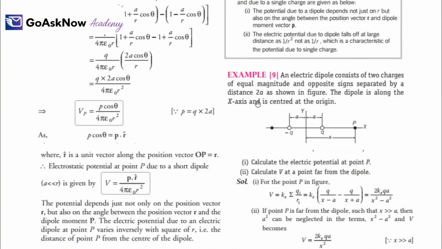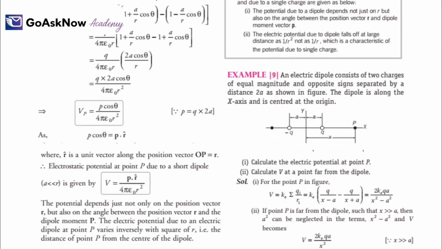So we have example 9. Let us see what it says. An electric dipole consists of two charges of equal magnitude and opposite signs separated by a distance 2a, as shown in the figure. Here you have minus q and plus q, two opposite charges separated by a distance 2a.